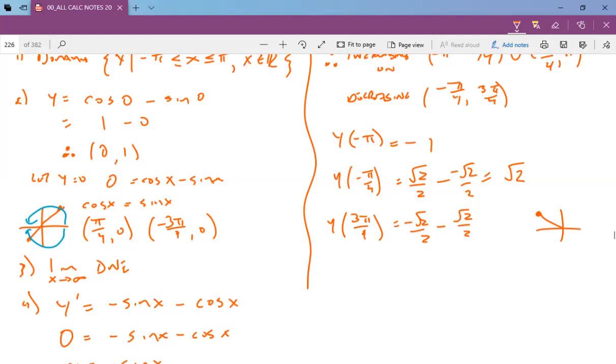So this ends up being negative root 2. And then our last endpoint, we have y at pi. And at pi, what do we have going on? Cosine at pi is negative 1, and sine of pi is 0. So negative 1.